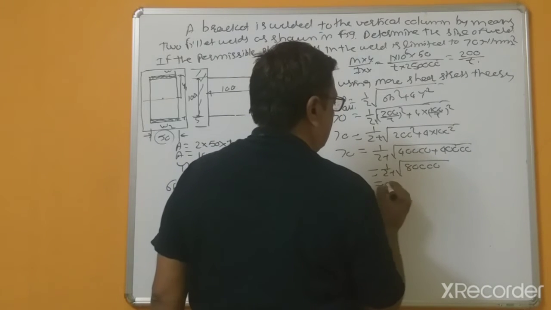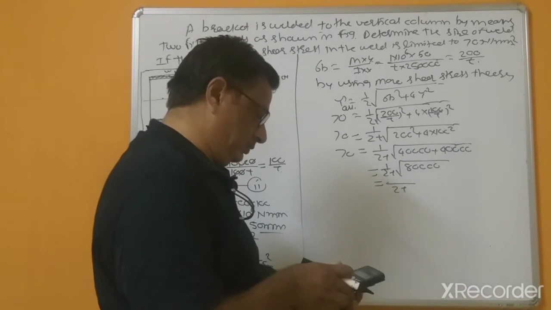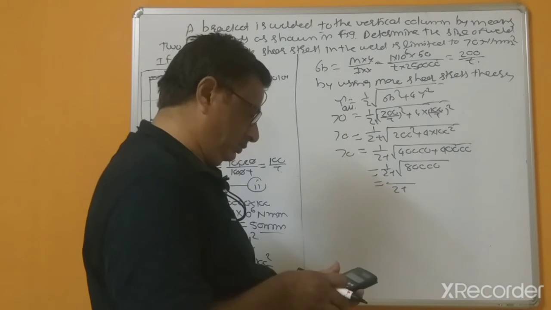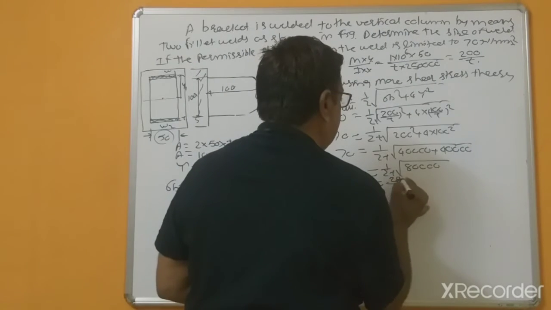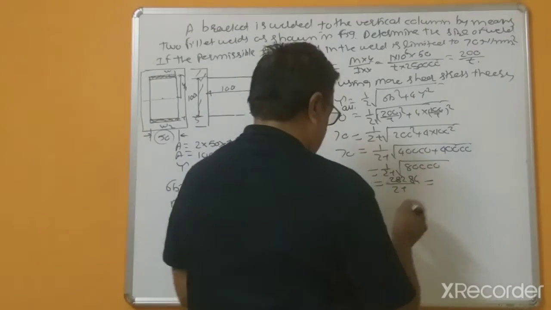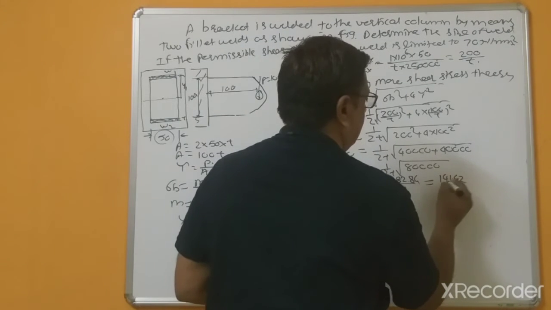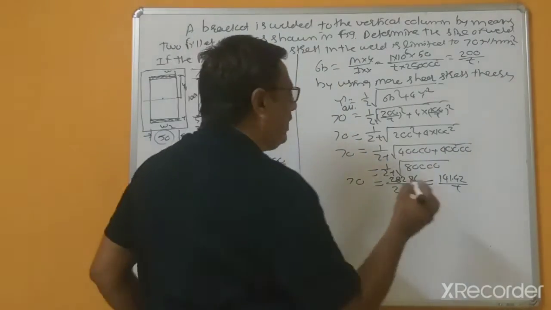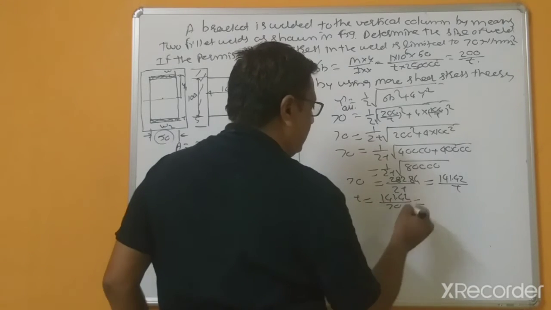Now under root of 80,000, this is equal to 282.84, and this is divided by 2. Now this is 141.42 divided by t, and this is equal to 70. By using cross multiplication, t equal to 141.42 divided by 70.